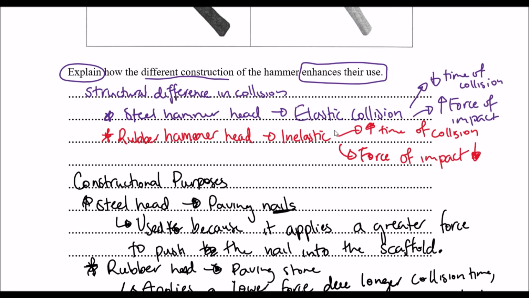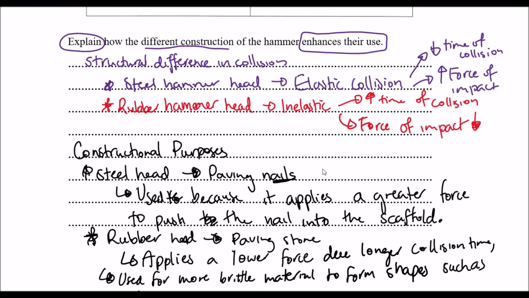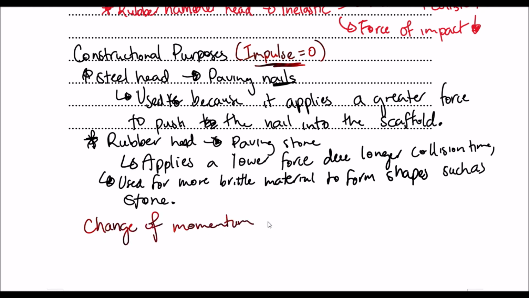Okay, so how do we know that the time of collision will be increased and the force of impact will be decreased? The reason for this is because we know the change of momentum, or impulse, during a collision is a constant value.